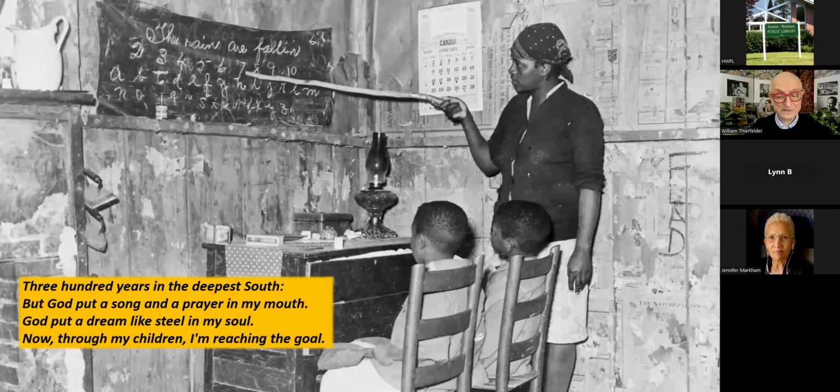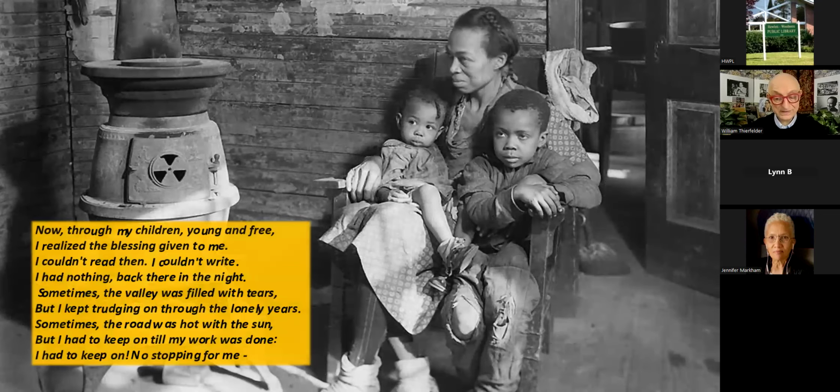300 years in the deepest South, but God put a song and a prayer in my mouth. God put a dream like steel in my soul. Now, through my children, I'm reaching the goal. Now, through my children, young and free, I realize the blessing given to me. I couldn't read then. I couldn't write. I had nothing back there in the night.